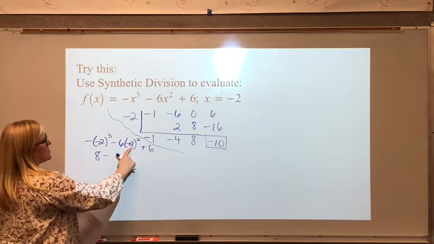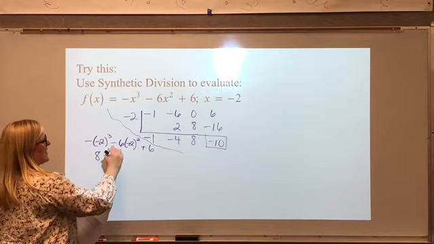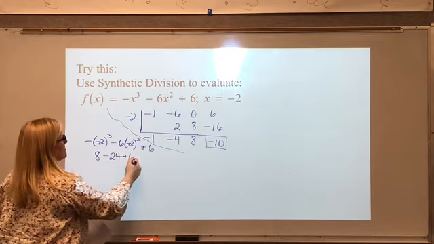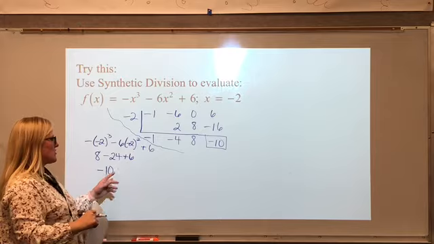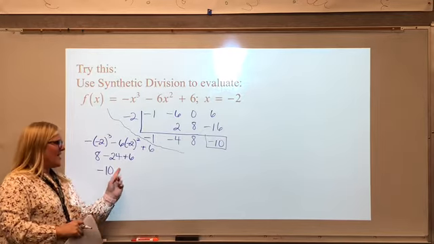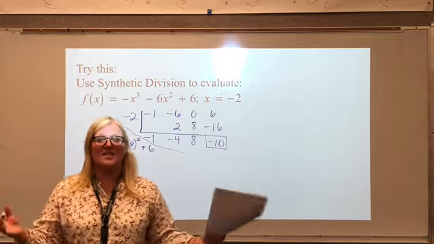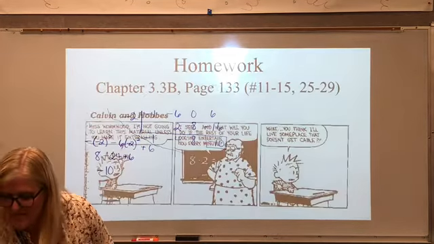Minus negative 2 times negative 2 is 4. Times a negative 6 is negative 24. Plus 6. And then I combine like terms, I add it up and I get negative 10. Okay, so that is what the remainder theorem does.